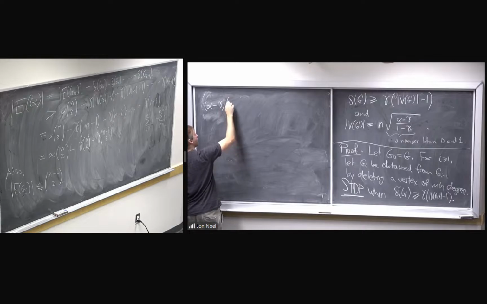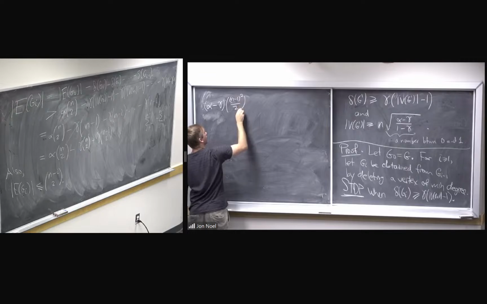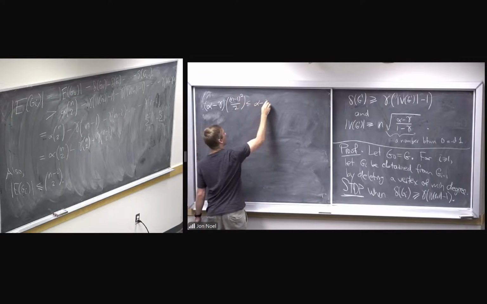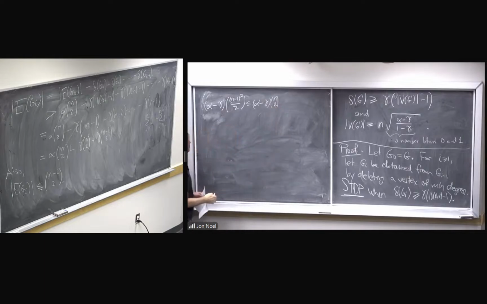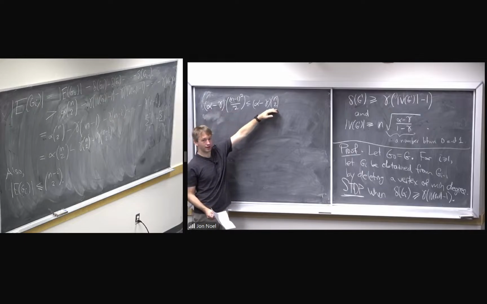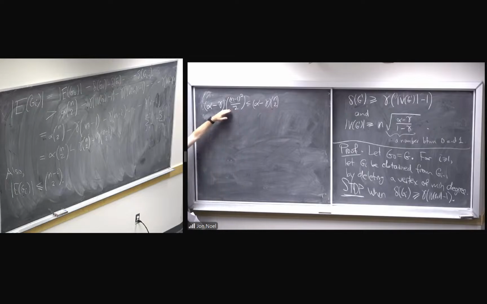So I'll write this like this. I haven't written what we have over there yet. I'm just kind of estimating. So n choose 2 is at least n minus 1 squared over 2.